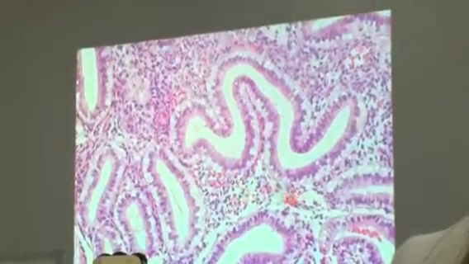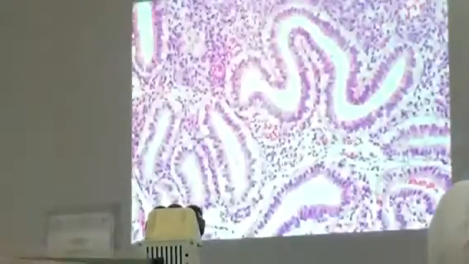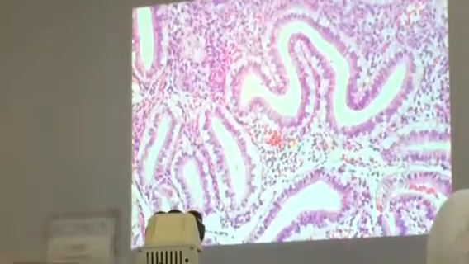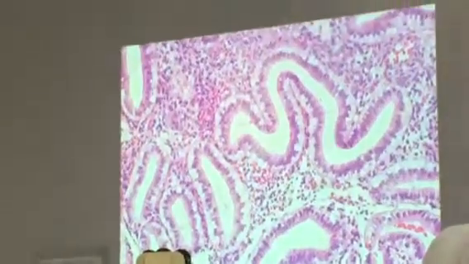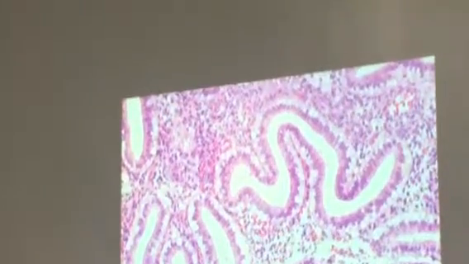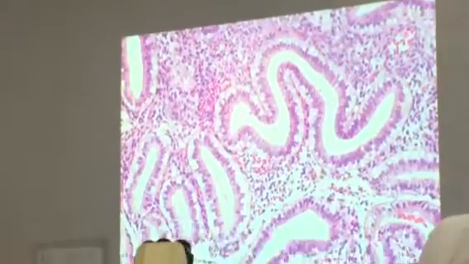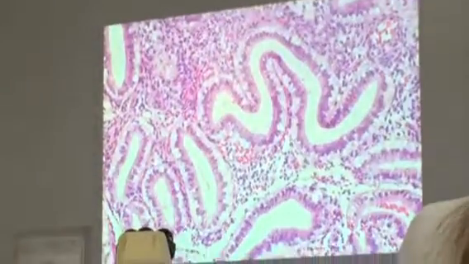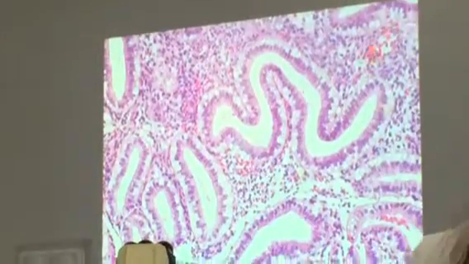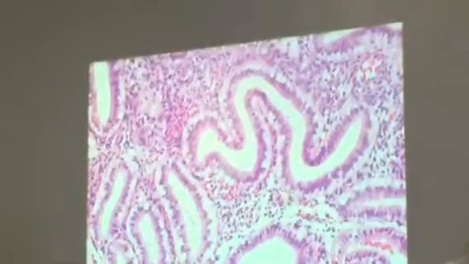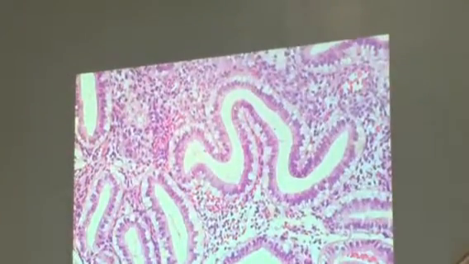And again, the cytoplasm of the stromal cells is more abundant. Occasionally, you might begin to see red cells because it's heading toward menstrual endometrium. And the spiral arterioles become more developed and thicker.